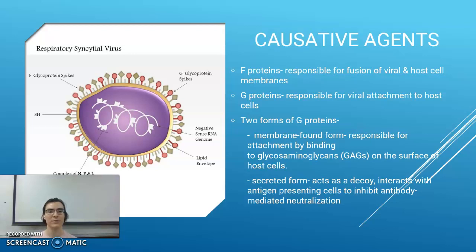And your secreted forms, they act as a decoy. They interact with the APCs to inhibit antibody-mediated neutralizations. So a good way to think of the secreted form of G proteins would be that of a Trojan horse, where it acts as a decoy, further allowing the virus to replicate and just travel throughout the body.